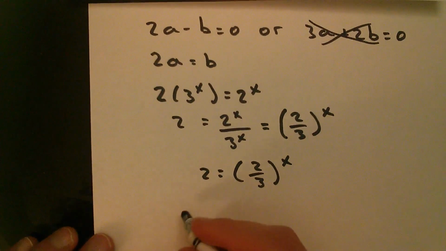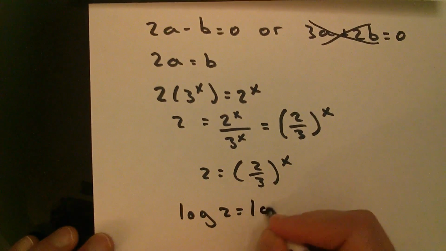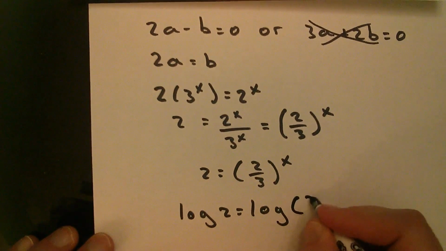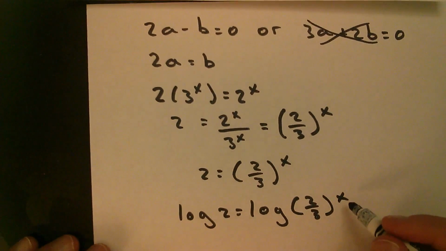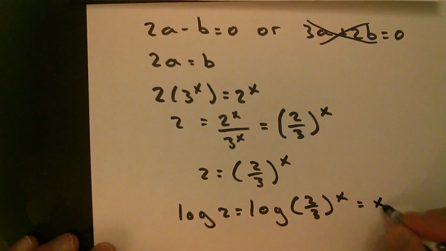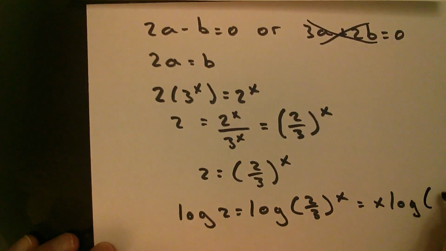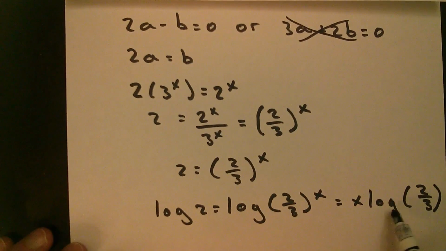Now I want to take the log of both sides. So log of 2 equals log of 2 over 3 to the power of x. And using log properties, I can just bring the x around to make it the coefficient. So this equals x log of 2 over 3. And now I just want to divide both sides by log of 2 over 3.